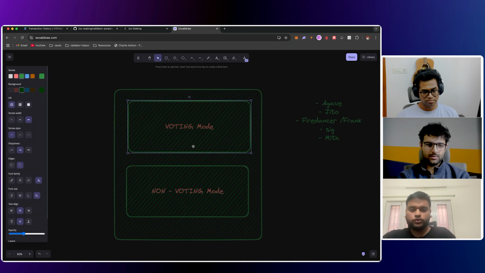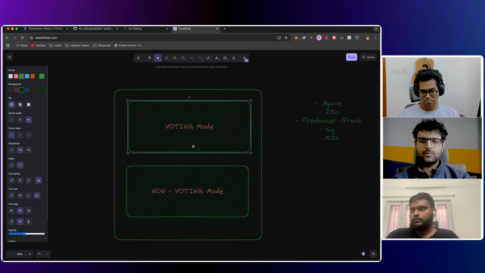So voting mode gives you consensus. Whenever you want a validator to participate in the consensus of the blockchain, you use this mode. Whatever key pairs you define, we'll talk about that further in the video, will sign transactions on votes and vote on the consensus of the chain.